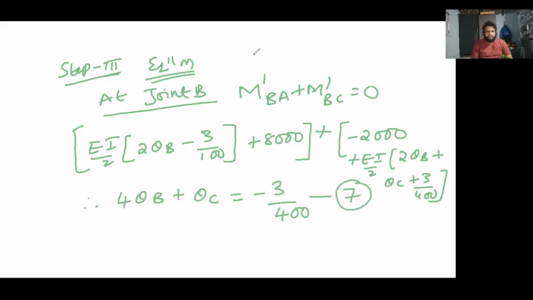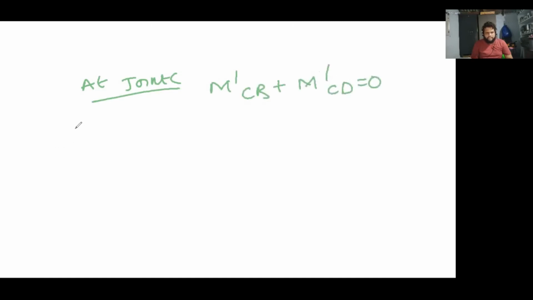Next, I will go for joint C. What is the equilibrium equation at joint C? M dash CB plus M dash CD should be equal to 0. What is M dash CB? EI by 2 into theta B plus 2 theta C plus 3 by 400 plus 2000.